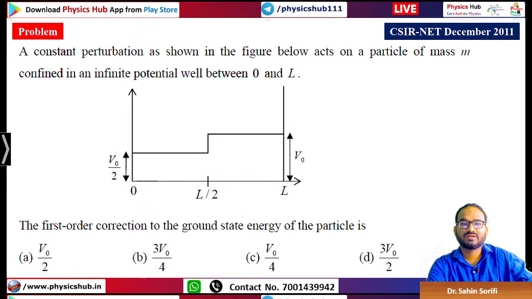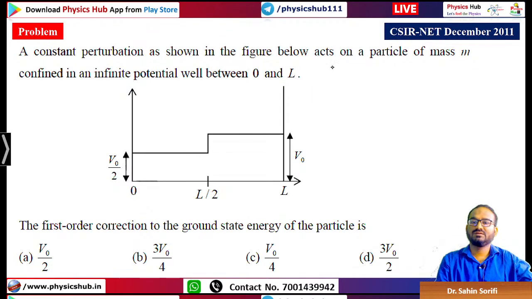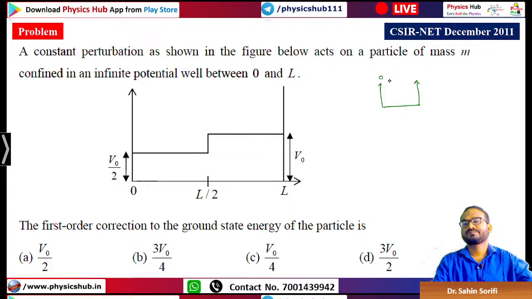Try to do this one. A constant perturbation, as shown in the figure below, acts on a particle of mass m confined in an infinite potential well between 0 and L. Okay, so we have done this case, the unperturbed case, 0 to L. Now a perturbation, meaning a kind of disturbance, has been added: between 0 and L by 2, V_0 by 2 has been added, and between L by 2 and L, V_0 is added.